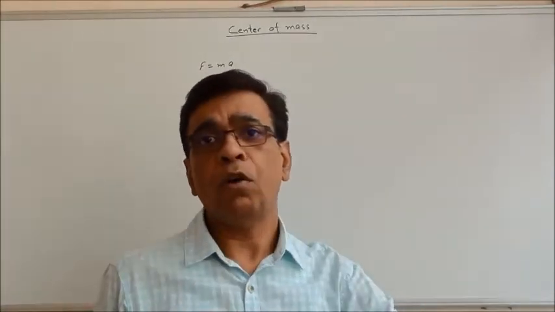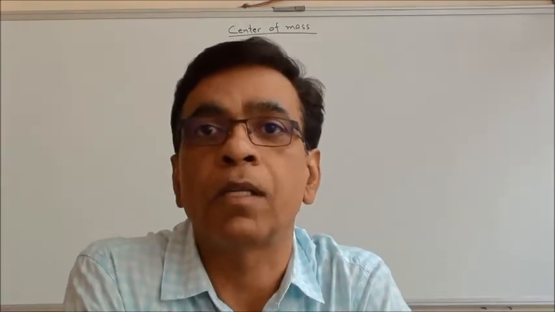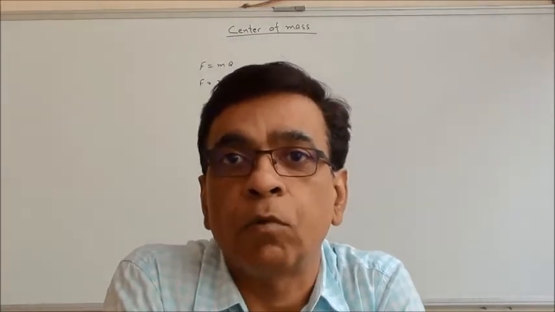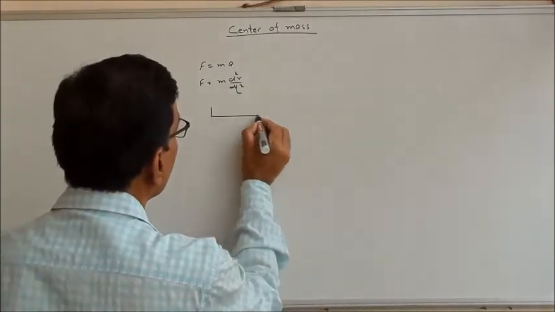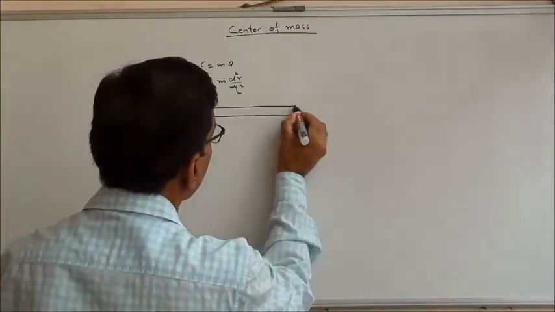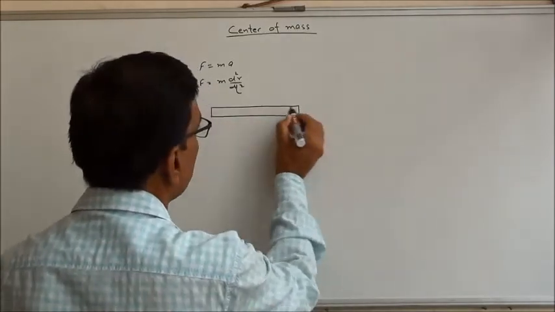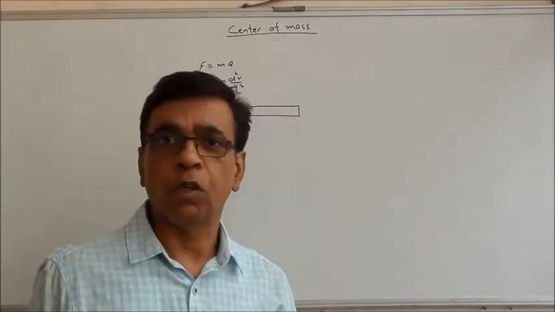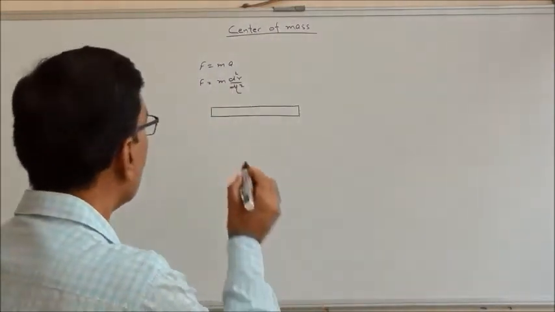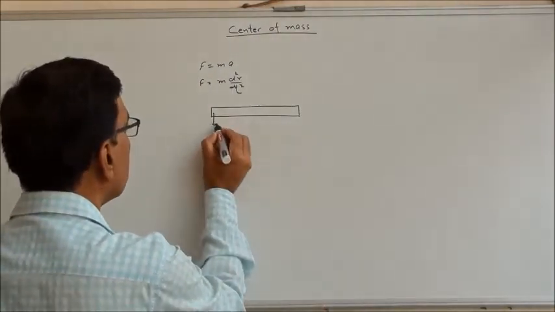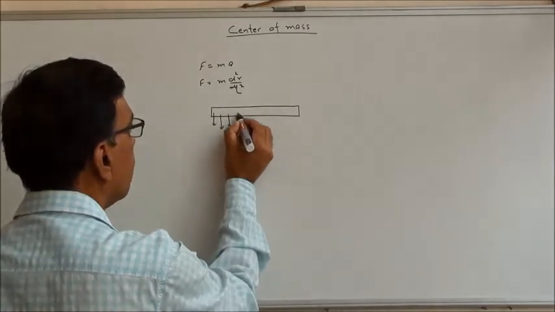Now, instead of a point mass, if we have an extended body, let me take a rod, a bar. It is made up of a large number of smaller particles, and if I take weight, then at each point weight is acting downward.